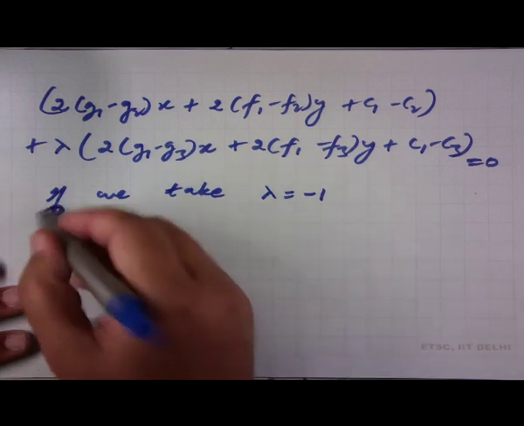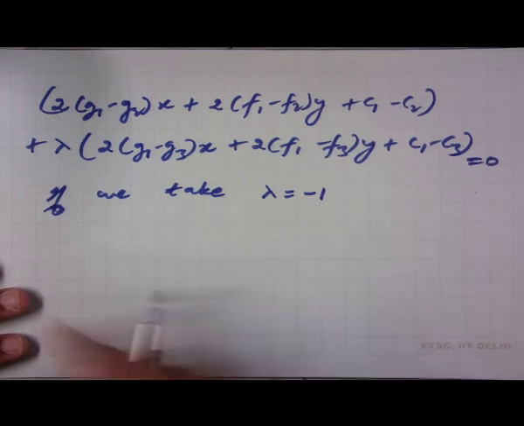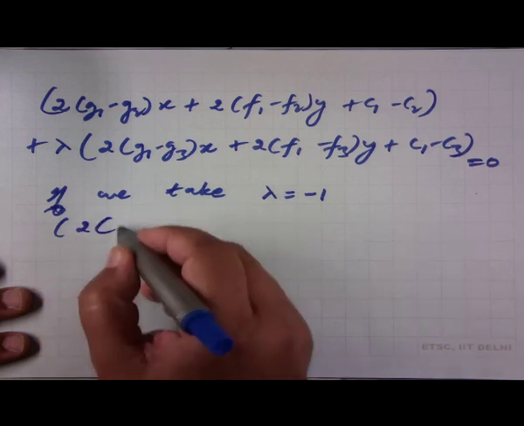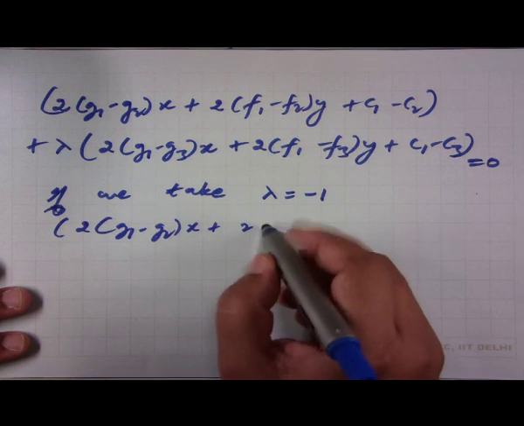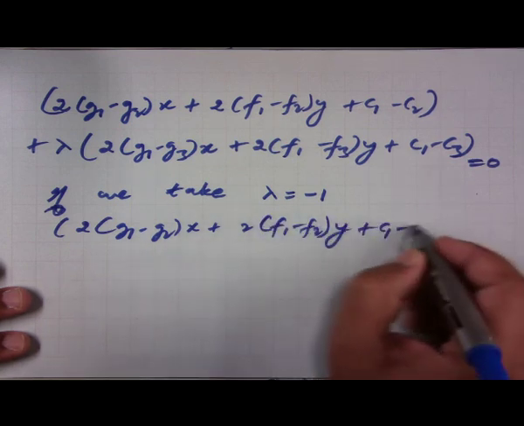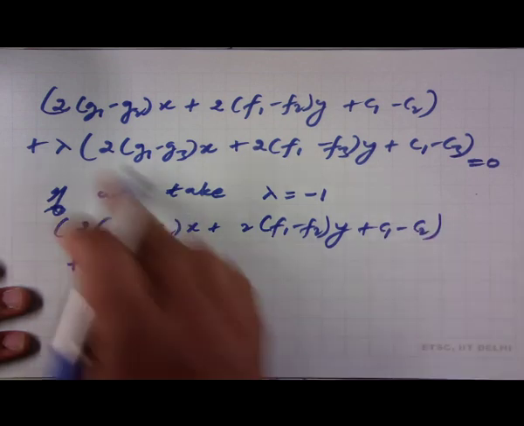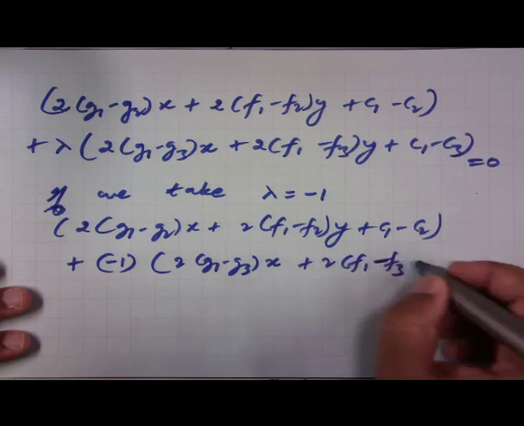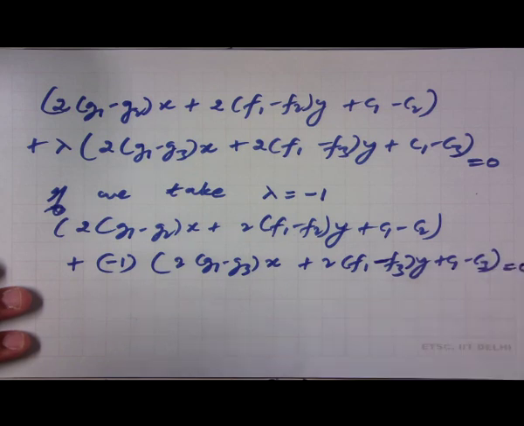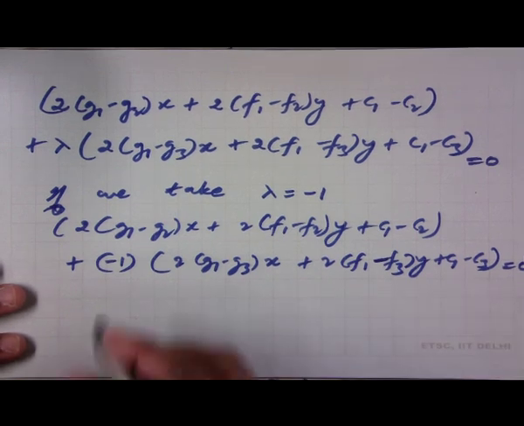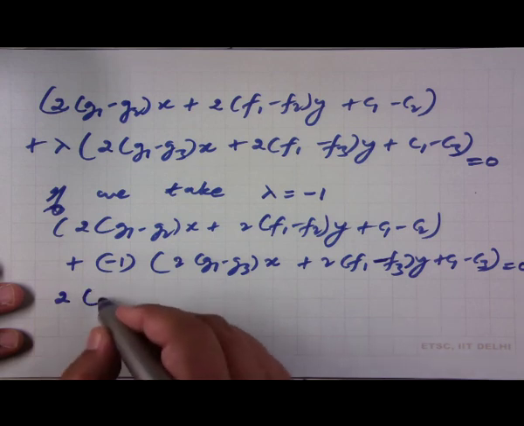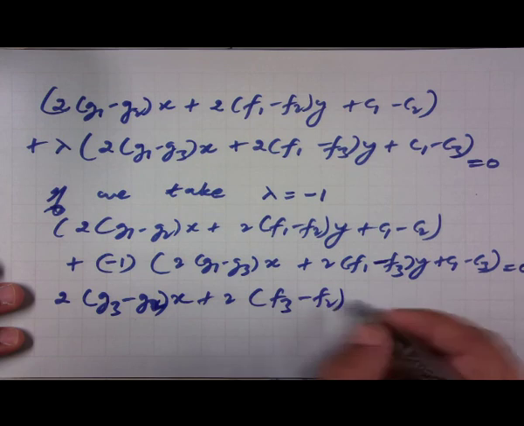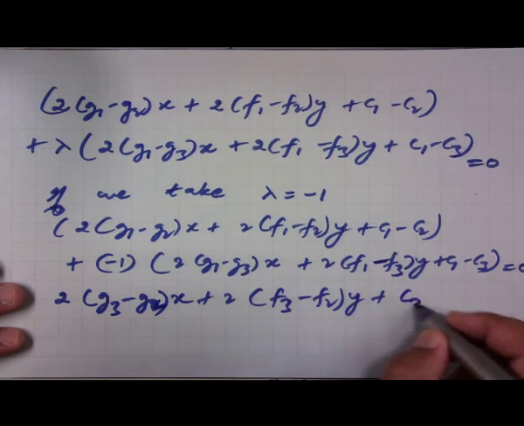Clearly, even if we take lambda equal to -1, we get a straight line which will pass through C, and that straight line is 2 times (g1 minus g2) into x plus -1 times equals 0, and if we simplify this straight line equation, what we get is 2 into (g3 minus g2) into x plus 2 into (f3 minus f2) into y plus c3 minus c2 equal to 0.